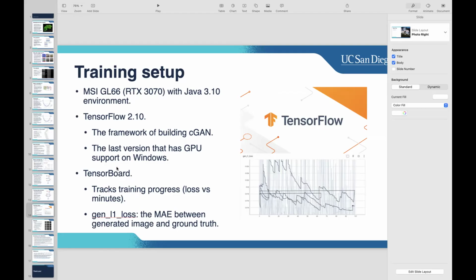TensorFlow is a framework to construct all of these kinds of neural networks. It also includes an important tool called TensorBoard, which tracks the training progress, the loss versus minutes.